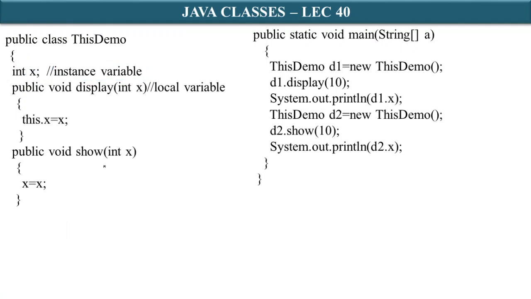Anyway, let me go directly to public static void main, where your Java program starts. It is the beginning of the main function. I will go inside this function. My class name is ThisDemo. How can I create an object? I can create an object by using the class name: class name, space, object name, equal to new class name.